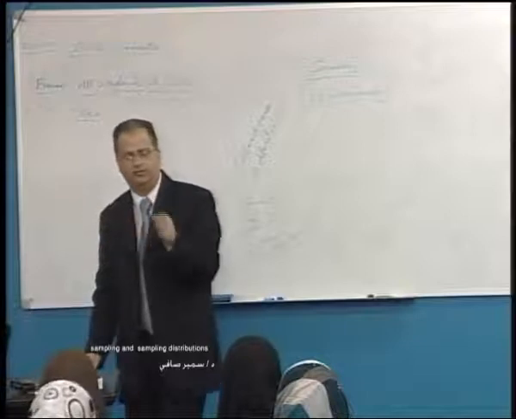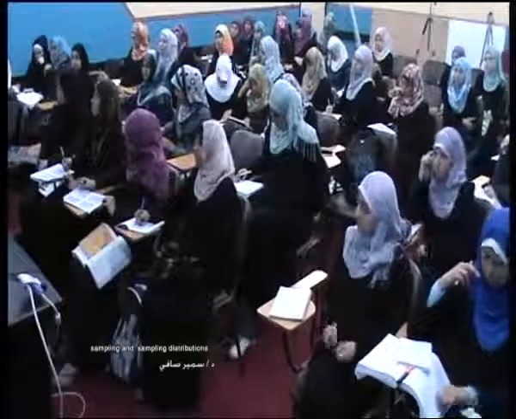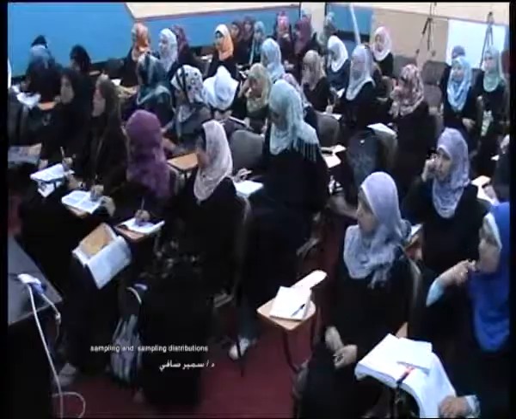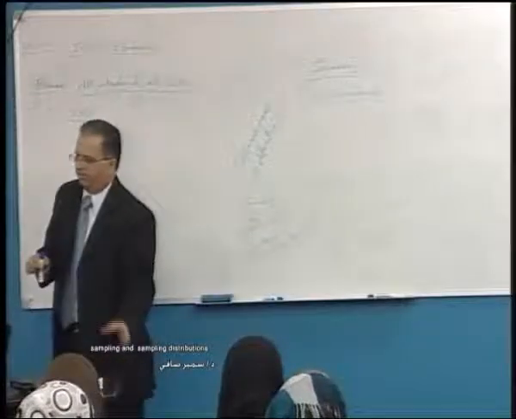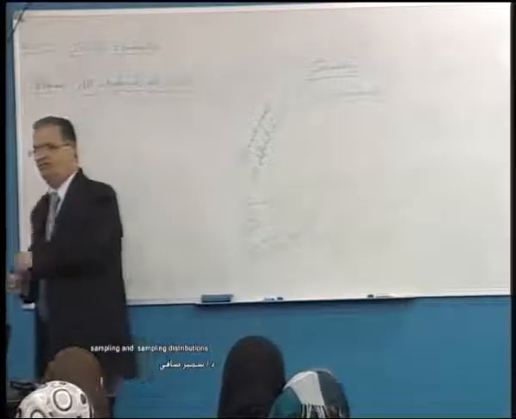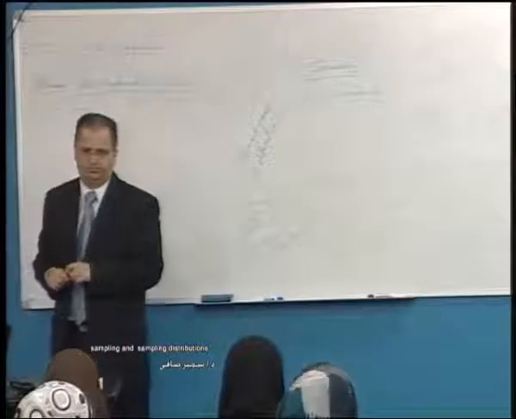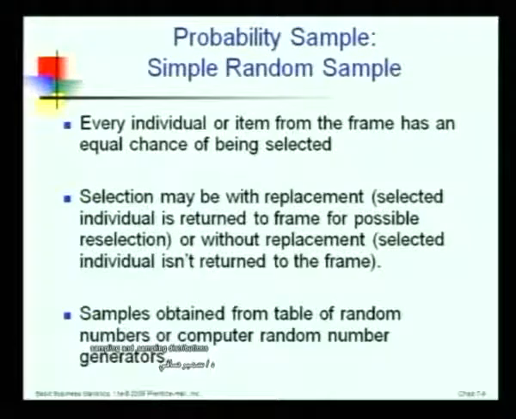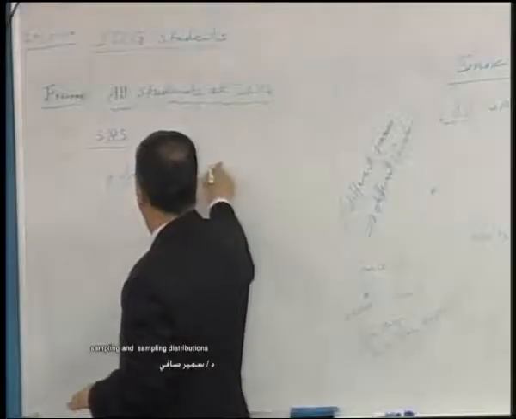Let's see how we can choose a sample that is random. What do you mean by random? عشوائي. In this case, every individual or item from the frame has an equal chance of being selected. For example, suppose the number of students in this class is 52.